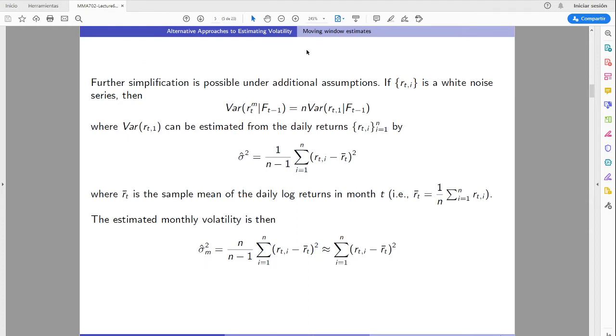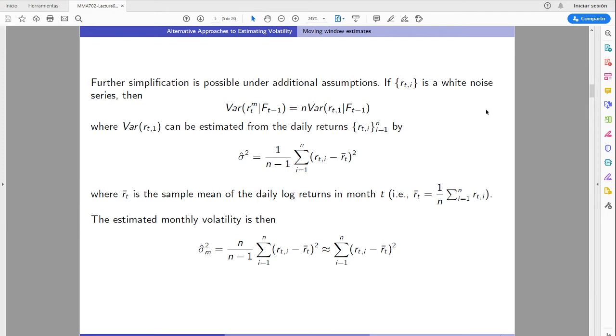If our series of previous returns is a white noise series, then the monthly variance of the t-th month, conditioned on this, is actually the number of days times the variance of the first day. This would make it extremely convenient that the R_t^i would be a white noise series.